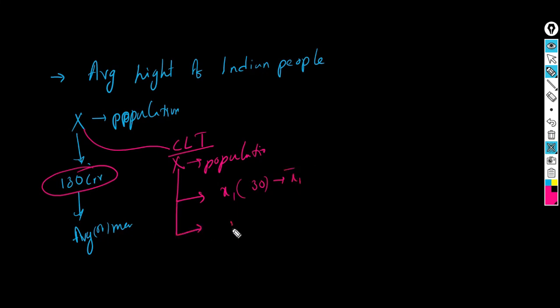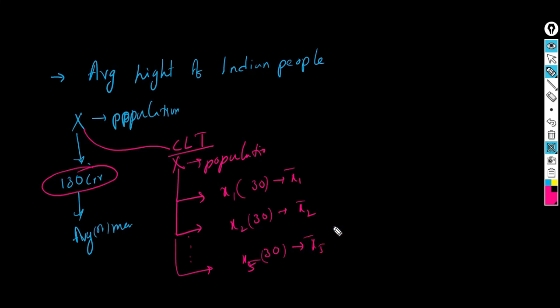Similarly, we will take another sample greater than 30. Let's go with 30 only, and here also we will take the mean. Similarly, let's take up to 5 samples, X5, here also 30. It's not necessary to say 30, we can take more than 30.